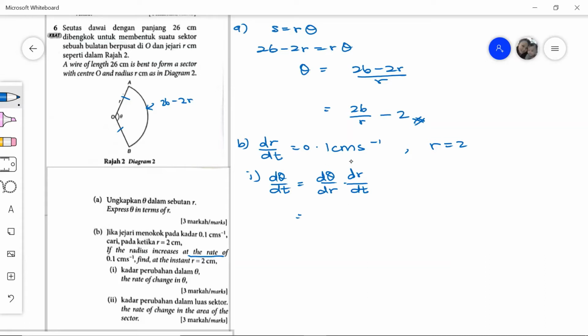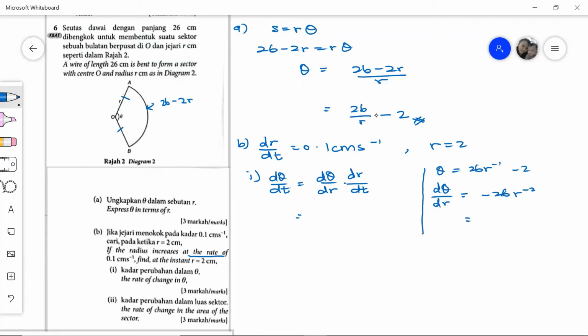Okay, with that, we need to use whatever we found in part A. So let's rewrite theta equals 26 r to the power negative 1 minus 2. So differentiate theta with respect to r. So we have negative 26 r to the power negative 2.